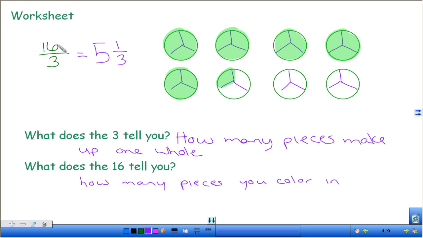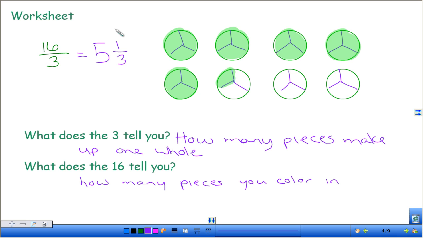So the improper fraction 16/3 equals 5 1/3 as a mixed number. Does everybody see how that picture works? Yeah. Okay, so go ahead and fill that in on your worksheet under mixed number where you don't have anything in that box. Go ahead and put in 5 1/3.